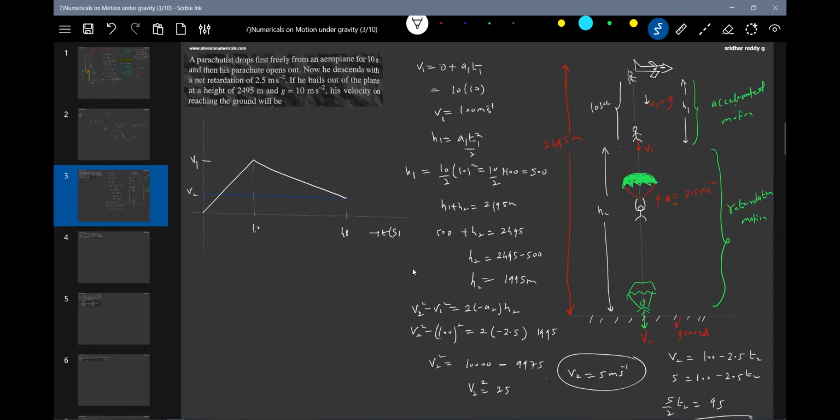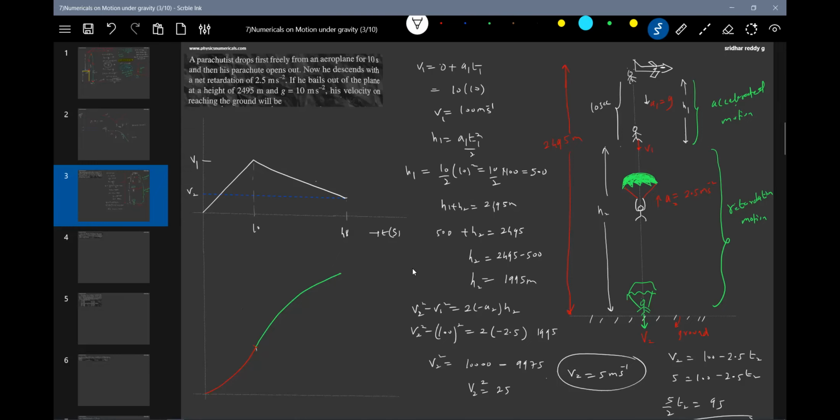What about the position versus time graph? First it will accelerate, then you will undergo retardation, and it will not come to rest. You land onto the ground with a certain velocity.